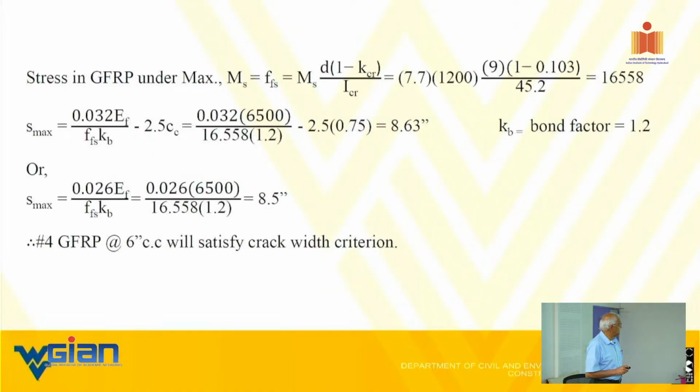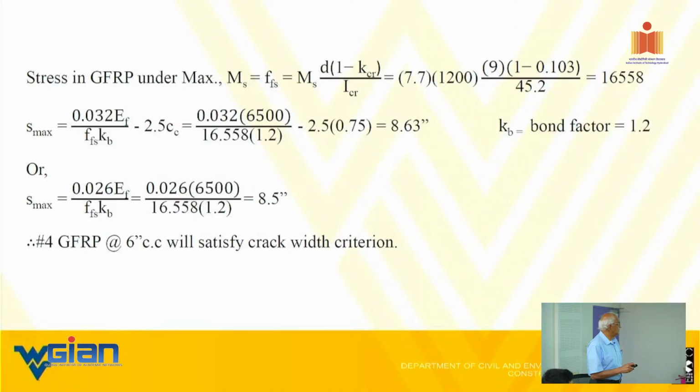And the stress in the GFRP, MC over I. M we just computed as a sustained moment, and that is the conversion of the unit. That is the D value. I value is 45. So S max given by the code, the spacing 8.63.